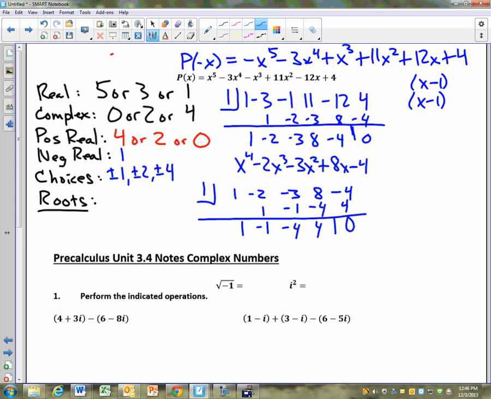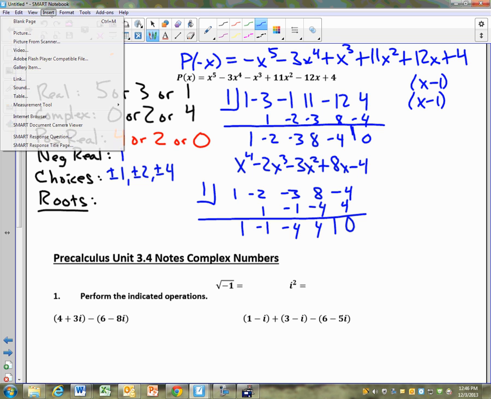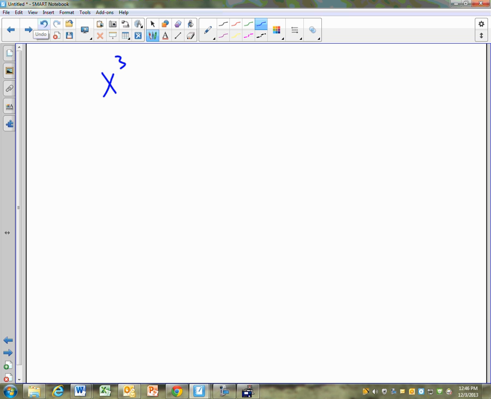I need to go to a separate sheet of paper. Got it? That's what I get.